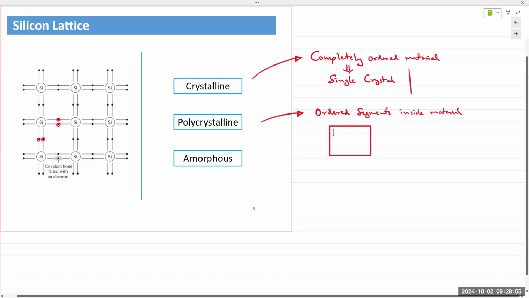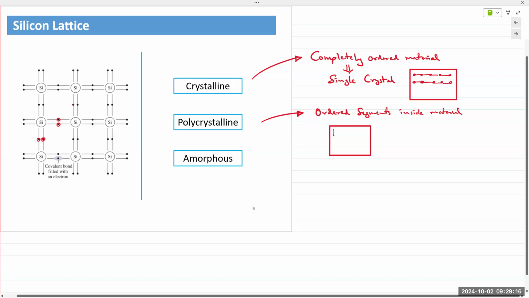So as an example, a single crystal example would be something like this. Then I'll do polycrystalline. Just drawing this at random doesn't really make any difference.